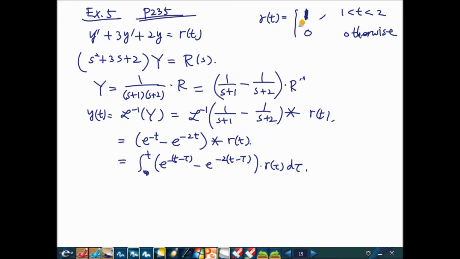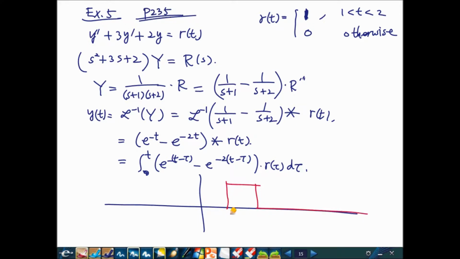Before you do the calculation, let's draw. Always try to draw the graph, so that you can visualize things better. This is the input, 1 to 2.